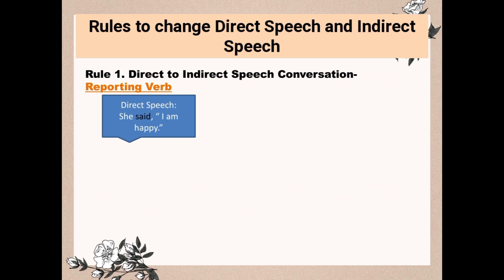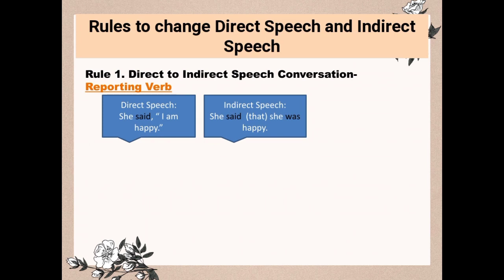So she said, I am happy. Then the indirect speech will be, she said she was happy. So in the direct speech, the reporting verb said is past tense. Therefore, in indirect speech, it is changed to the corresponding past tense.